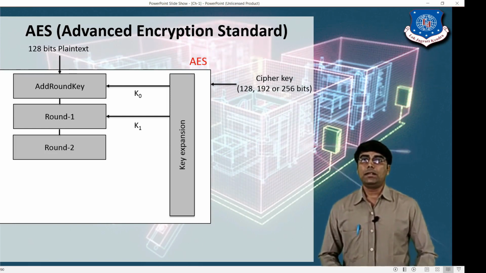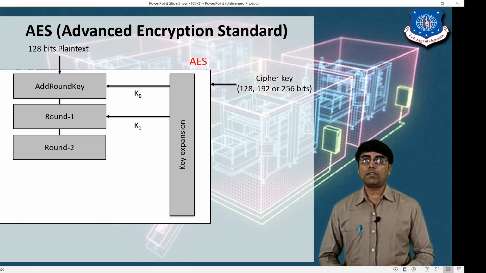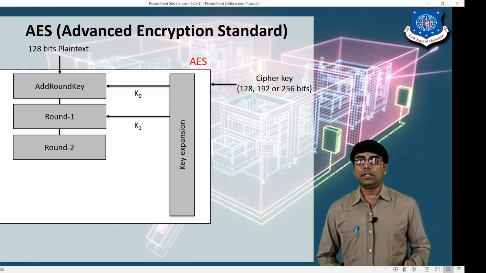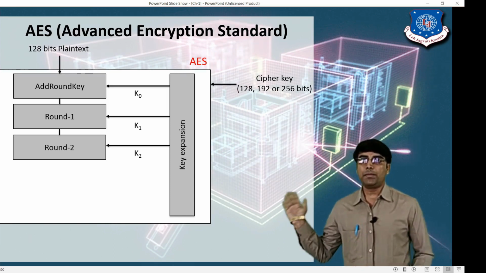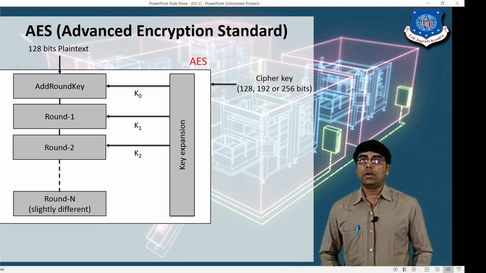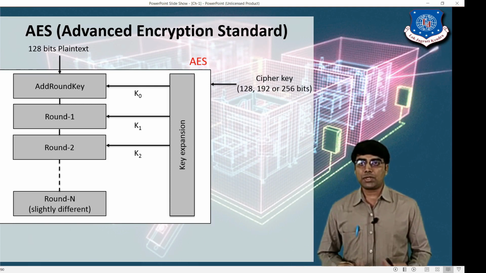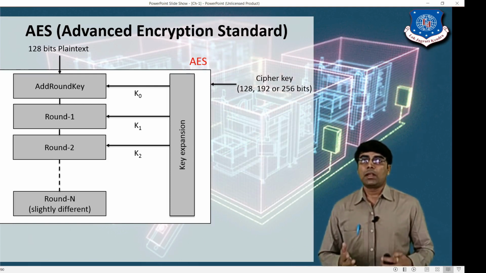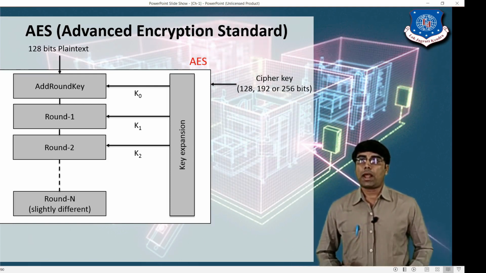Now again the output of round 1 will be given as input to round 2, and we input the second key K2 in round 2. Again we are performing various transformation operations in round 2, and so on up to round n.